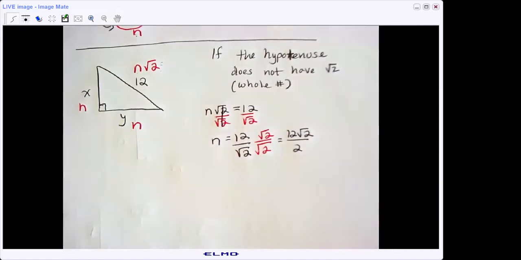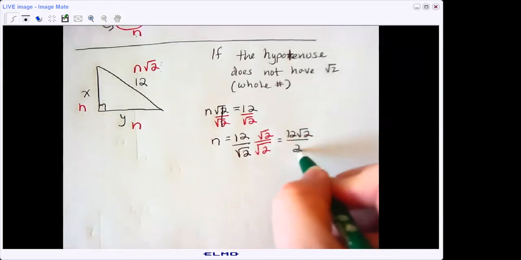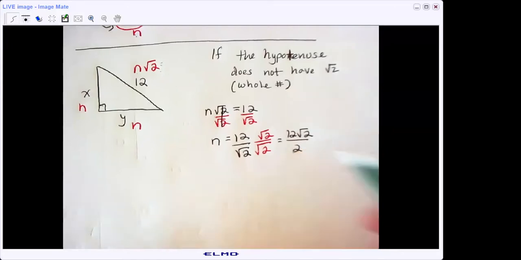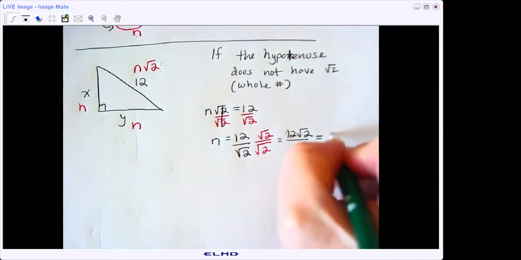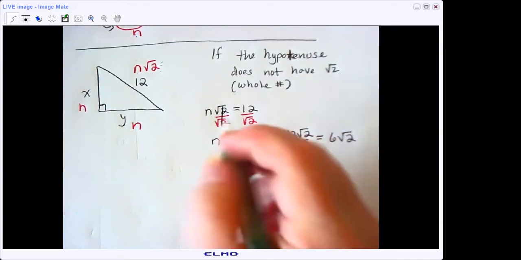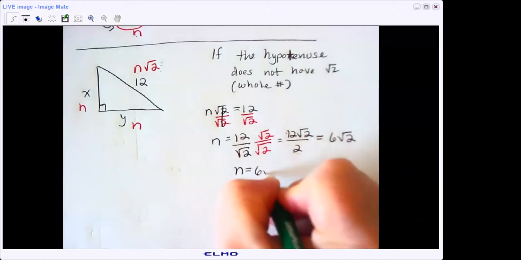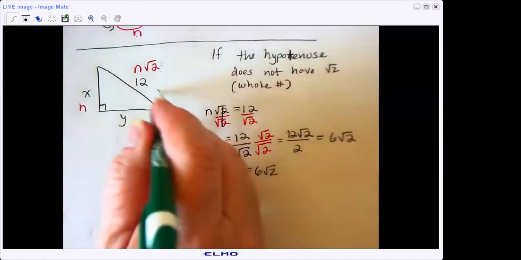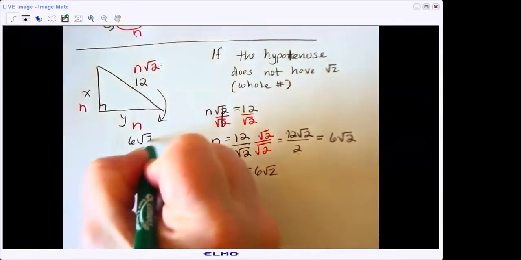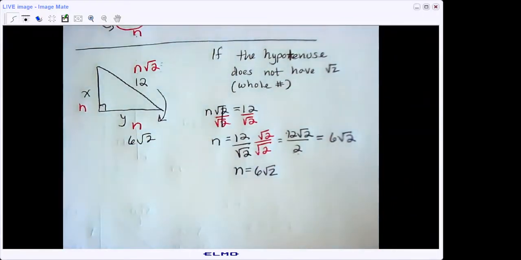Now that's technically an acceptable answer, but ask yourself, these are both outside numbers. Can I reduce 12 over 2? Yes. So I can reduce those and get 6 root 2. So we just solved and said n is equal to 6 root 2. So 6 root 2. So what does that make the other side?